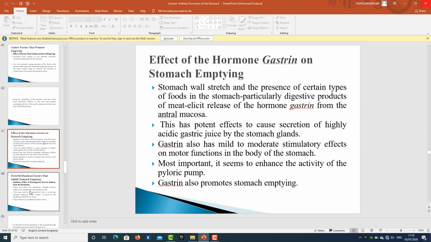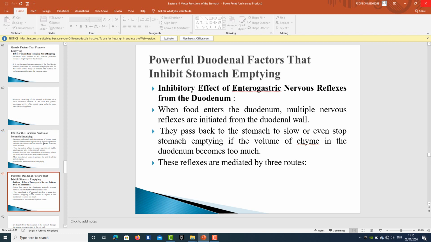This has potent effects to cause secretion of highly acidic gastric juice by the stomach glands. Gastrin also has mild to moderate stimulatory effects on the motor functions in the body of the stomach. Most important, it seems to enhance the activity of the pyloric pump. Gastrin also promotes stomach emptying.